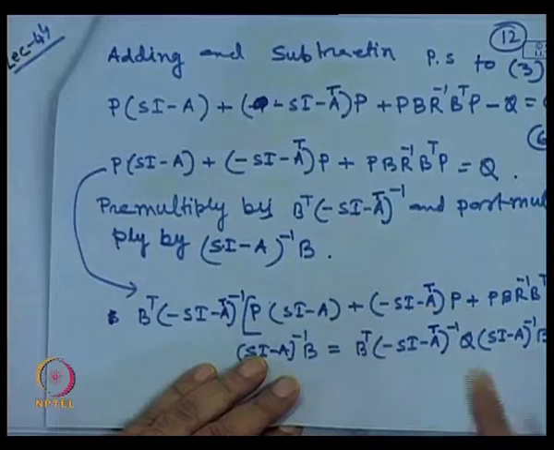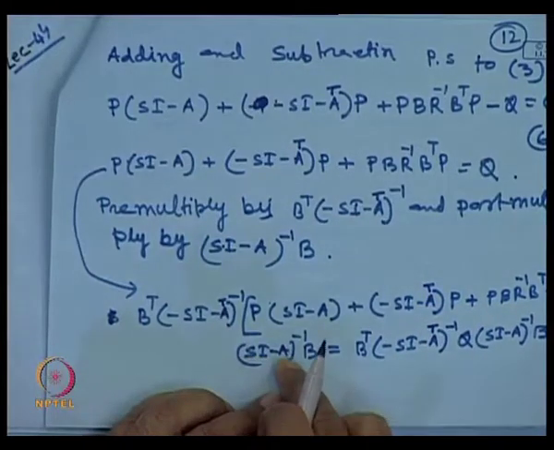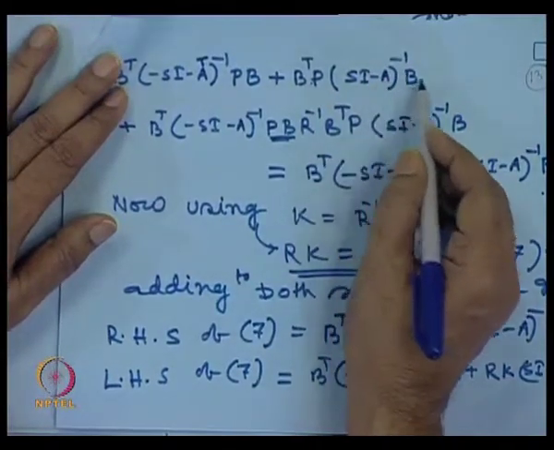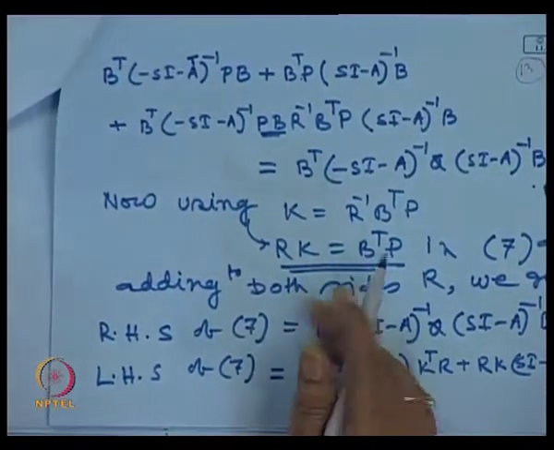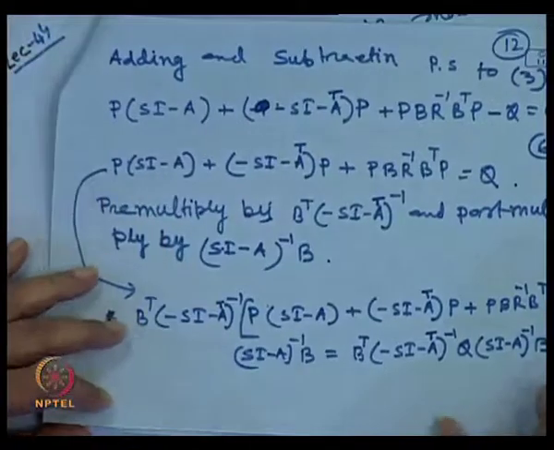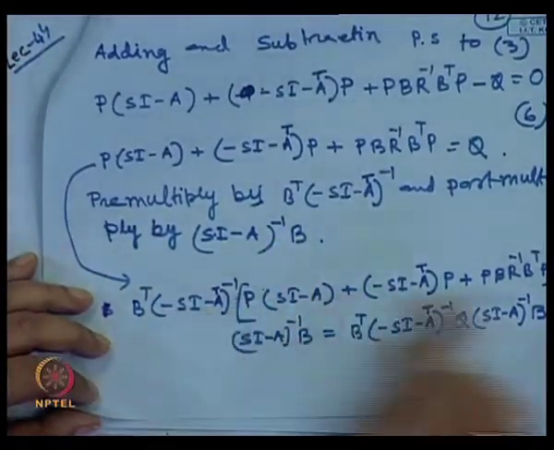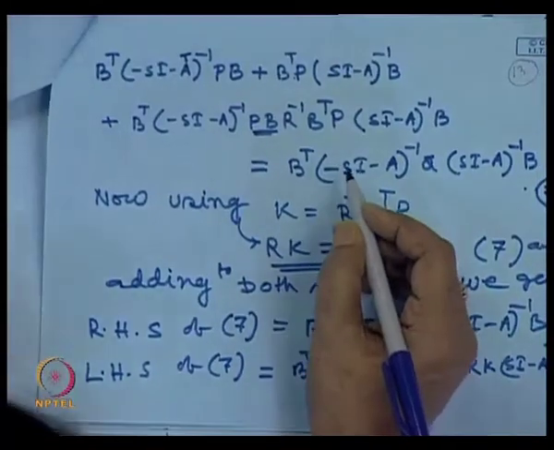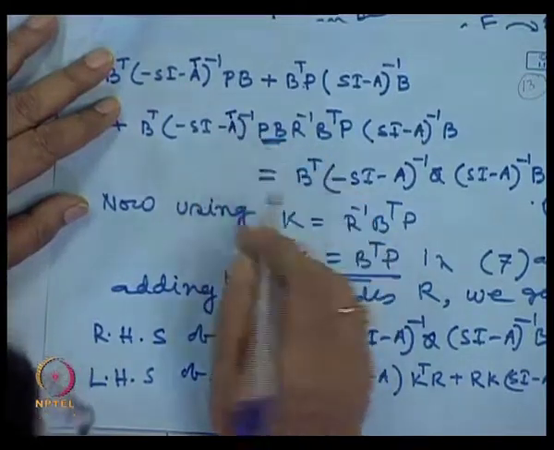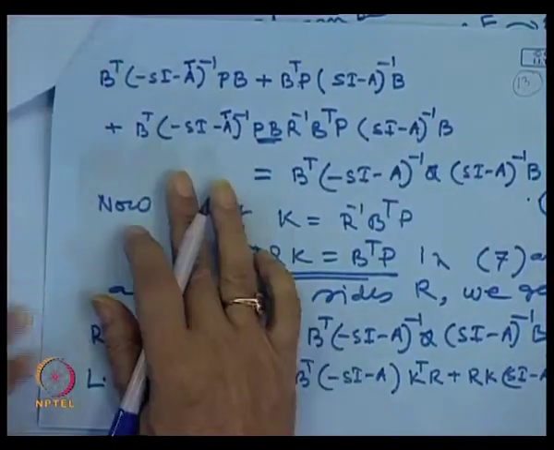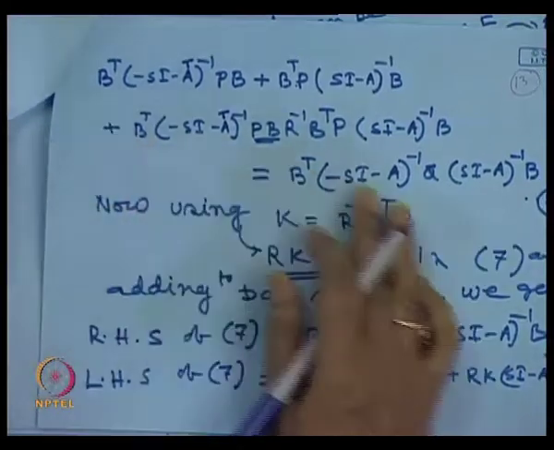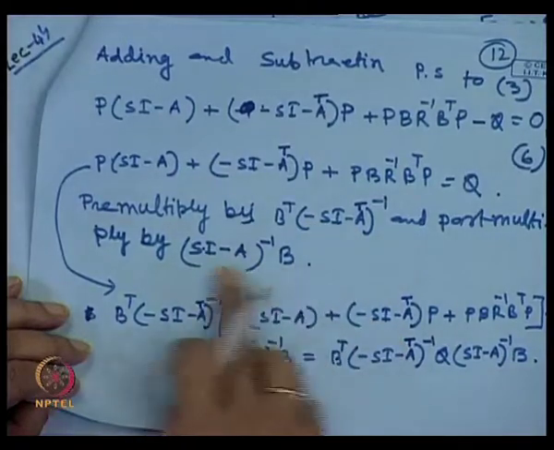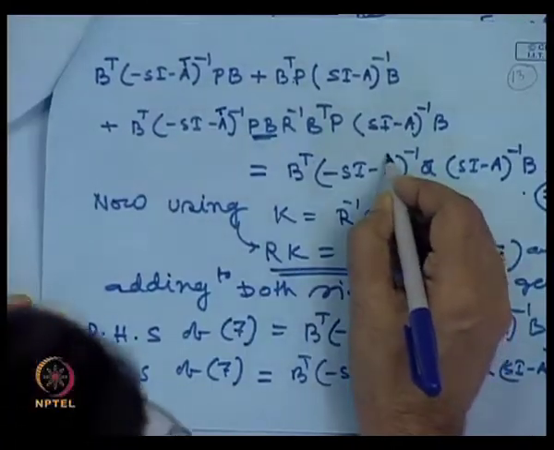So B transpose P multiplied by S I minus A whole inverse B. Then we have this term; both sides I am multiplying by this, so this term is pre-multiplied by this and post-multiplied by this. This is the left hand side, and on the right hand side, since we multiplied Q pre and post by this, the transpose is missing.